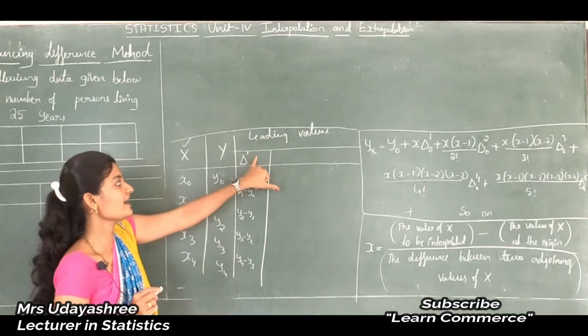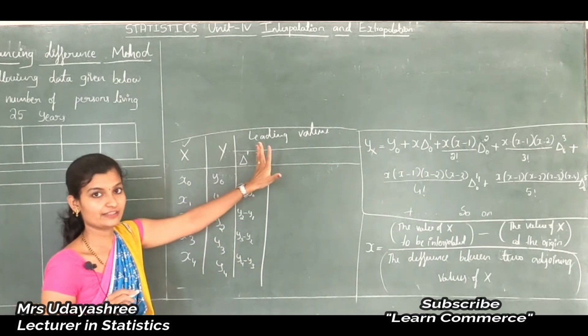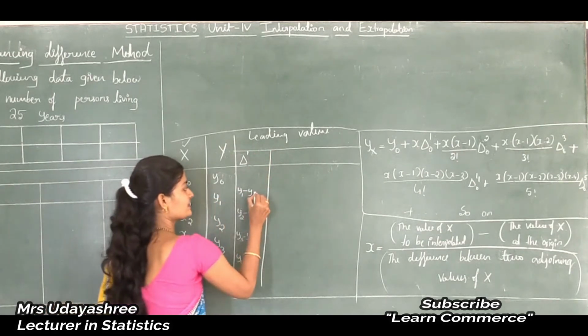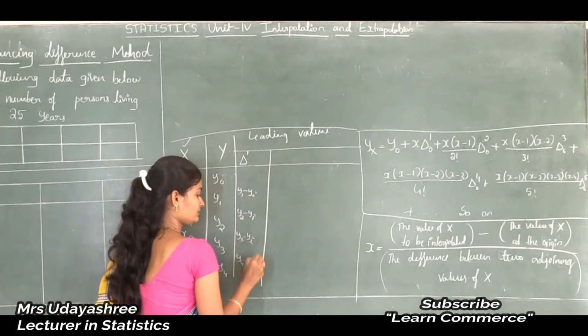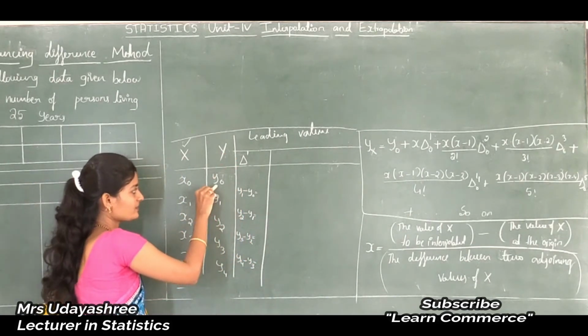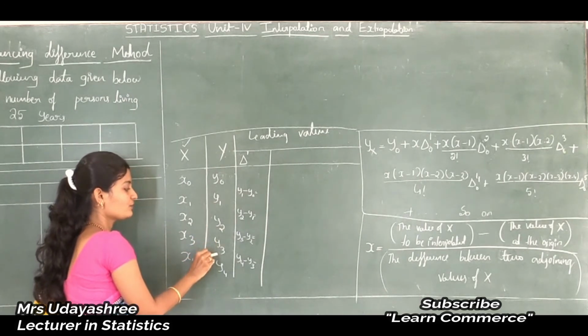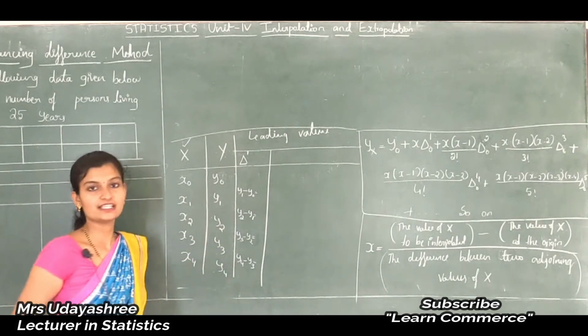See, these are the first leading difference values. If it is y observations, the first observation is y0, second is y1, third is y2, next is y3 and the last one is y4.